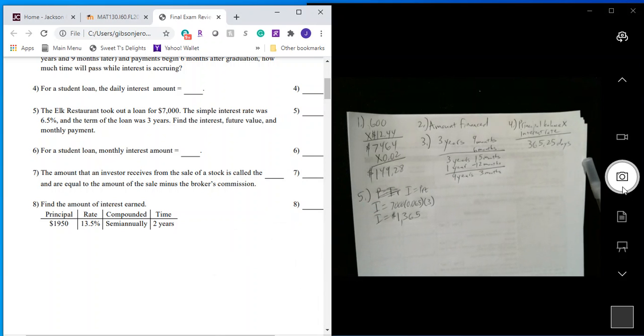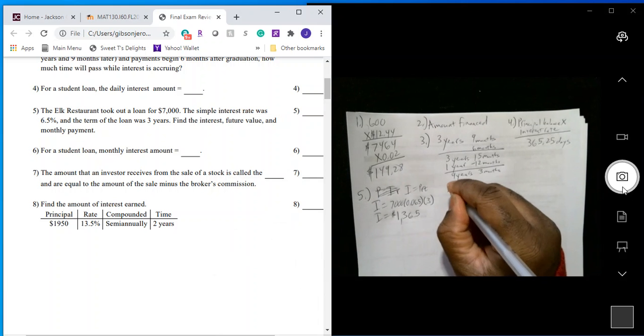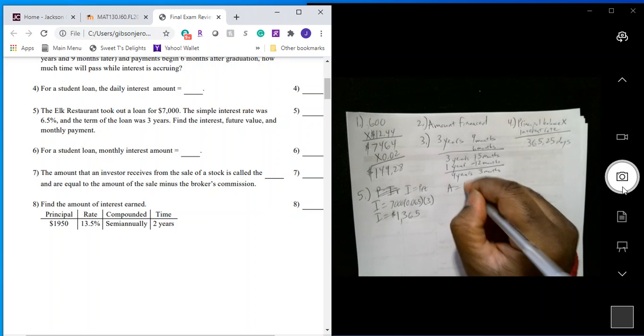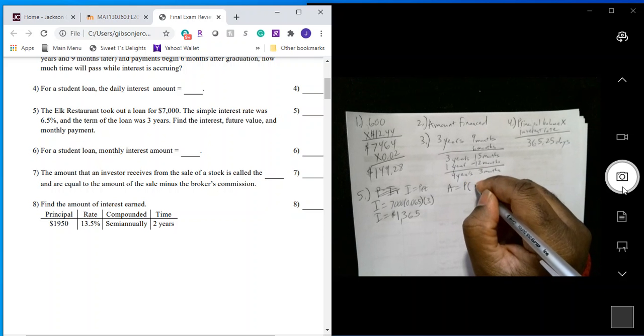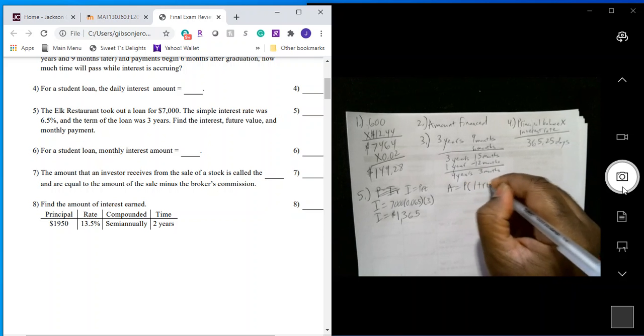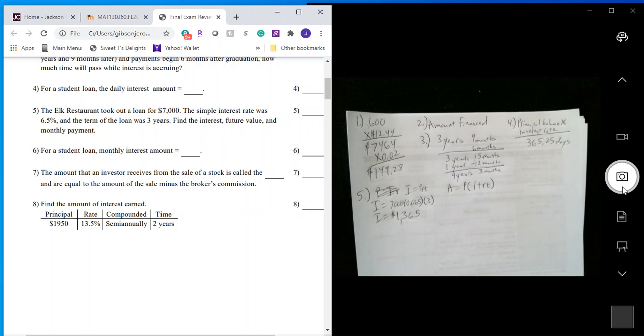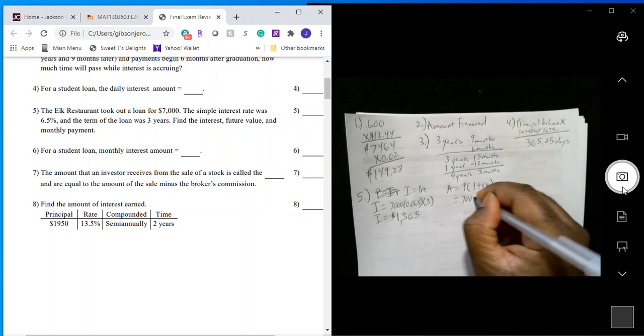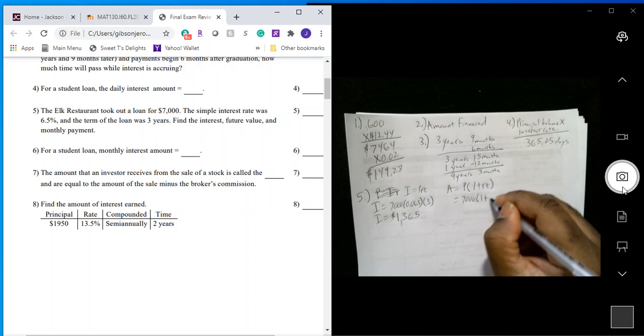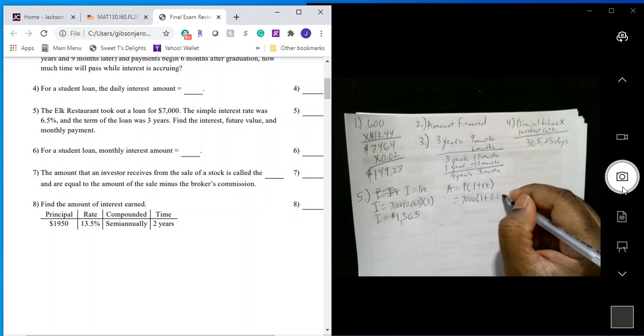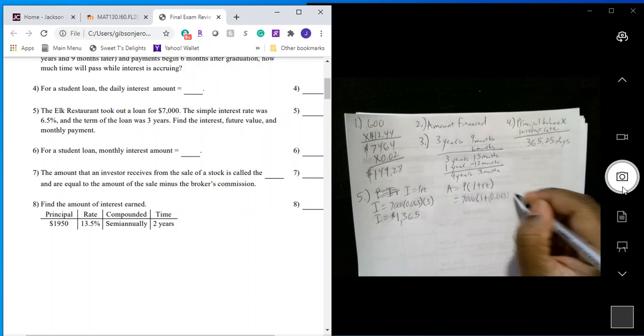Now they ask us for the future value. Now remember, our future value is A equals P times (1 plus RT). All right, so now we'll substitute. The principal is 7,000. The rate is 0.065. And the time is 3 years.